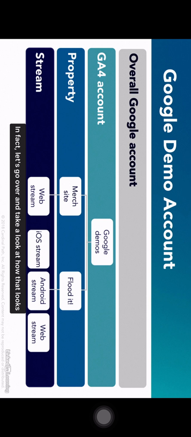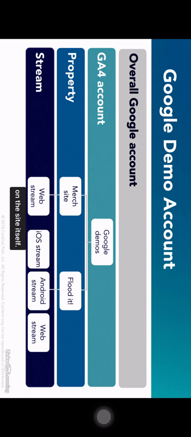In fact, let's go over and take a look at how that looks on the site itself. Okay, we're here on the demo account. We're going to go into admin, and we see the account. And then over here, we see the two different properties. We have Floodit and the merchandise store. We also have the Universal Analytics, but we're not going to look at that right now.